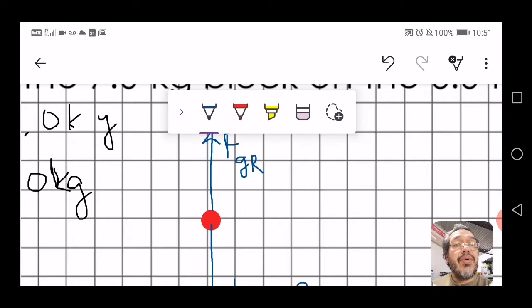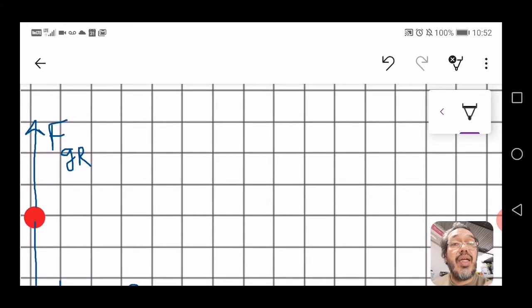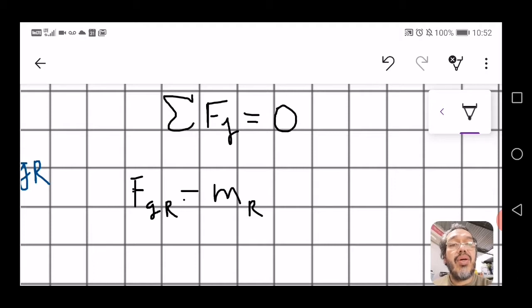Now, if on top of that we see that this is an equilibrium situation because the block is not accelerating, then the sum of the forces in the y direction is 0, which means the force exerted by the green block on the red minus the mass of the red block times g is 0.